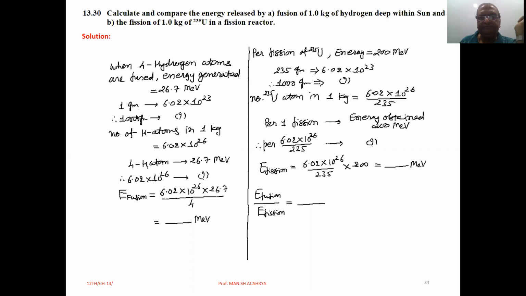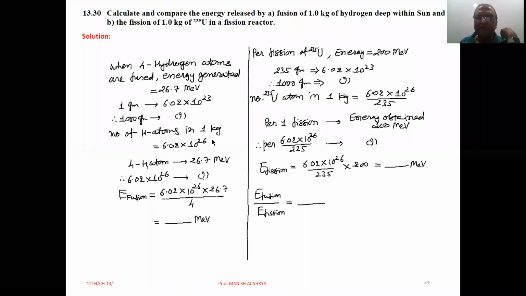Now for hydrogen, if we take 1 gram, then it is 1 mole. So in 1 gram, 6.02 into 10 raised to 23 atoms are there. So in 1000 grams, because we want fusion of 1 kilogram of hydrogen, how many atoms are there?